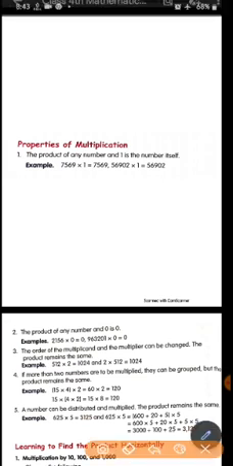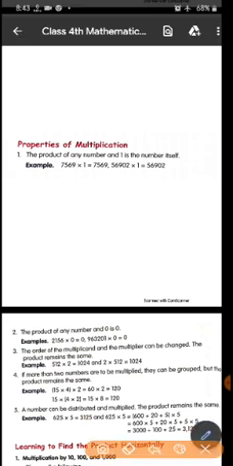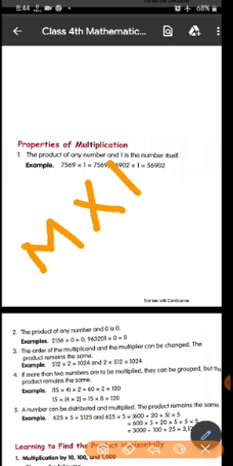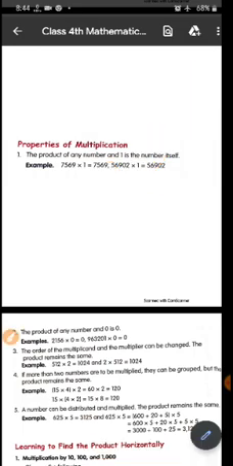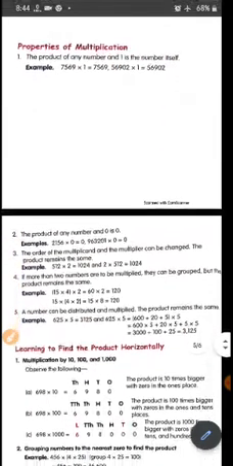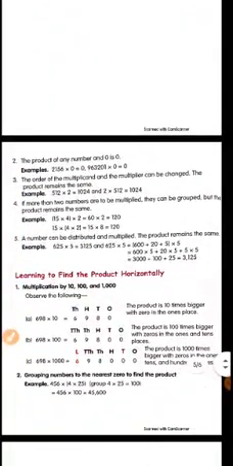So when the multiplicand is multiplied by 1 as the multiplier, the product is the multiplicand itself. This is the first property of multiplication.